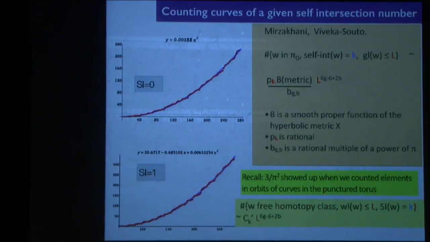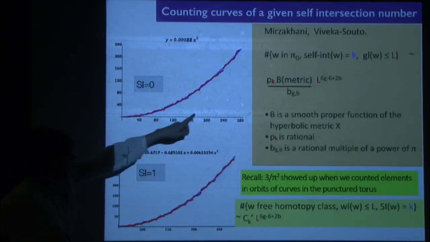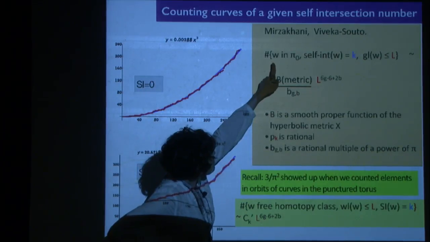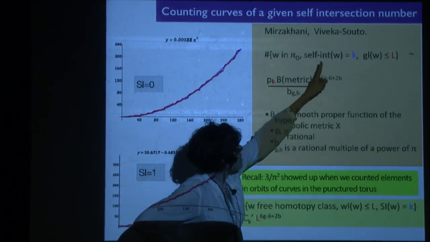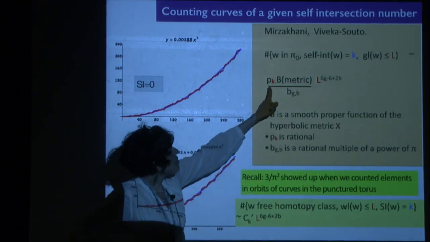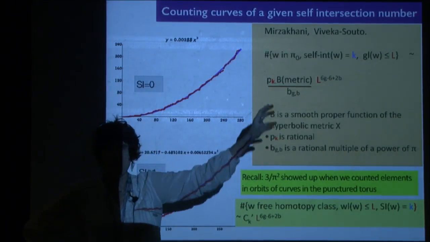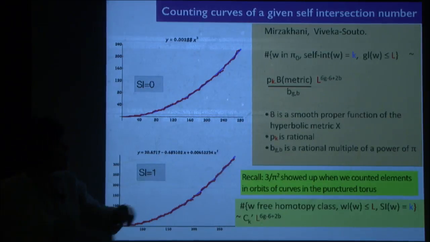So here I'm repeating the result I said before, a little more to explain. This says that if I look at all geodesics up to a certain length, I fix self-intersection. Now this constant that depends on the metric will show up in the computation for all self-intersection.